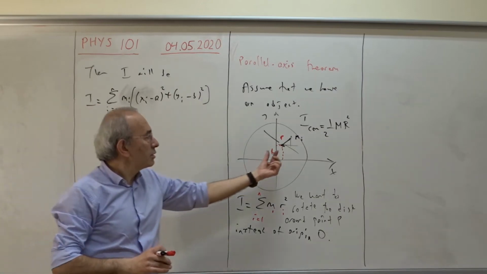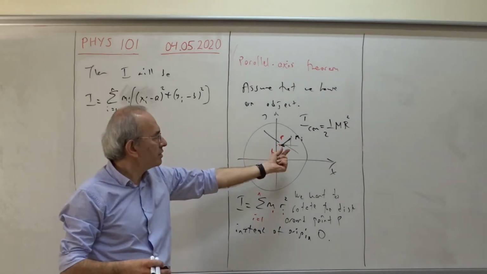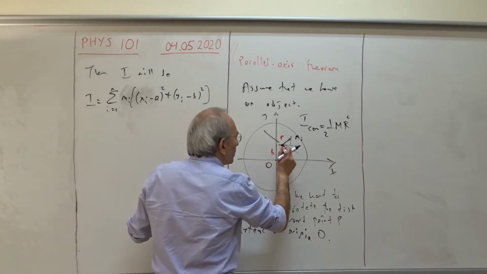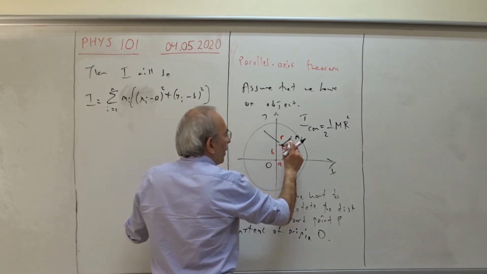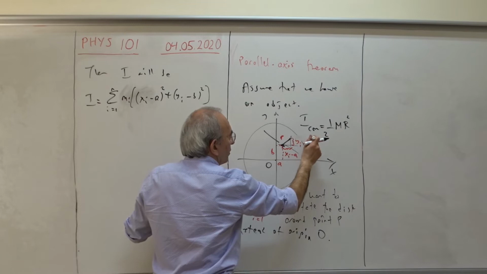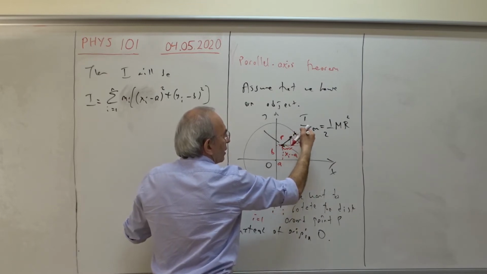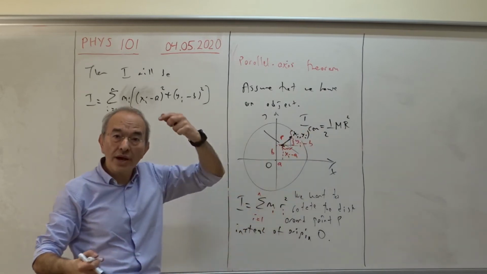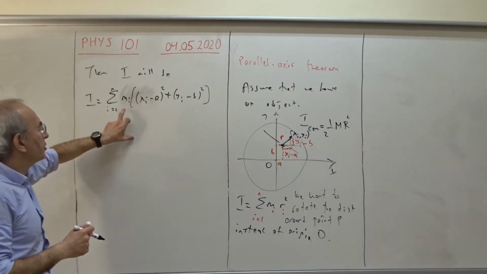So these small distances are added. For example, this part is xi minus a, and that part is yi minus b, because the position of this point is xi, yi. And then these differences will be squared and added up. So this is the new form for each mi.